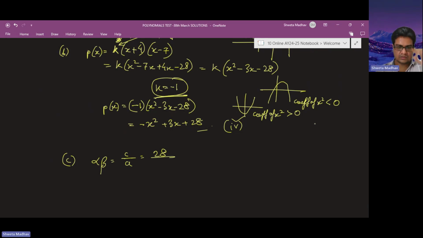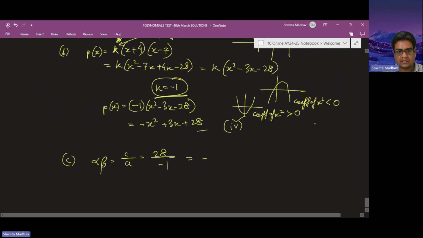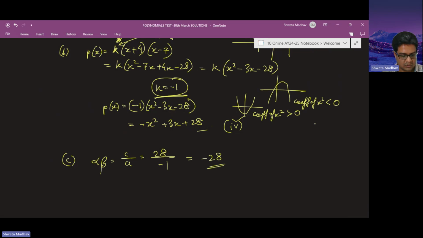Okay, then here it is 28 by -1, which is equal to minus 28. So option 1 is the correct answer.